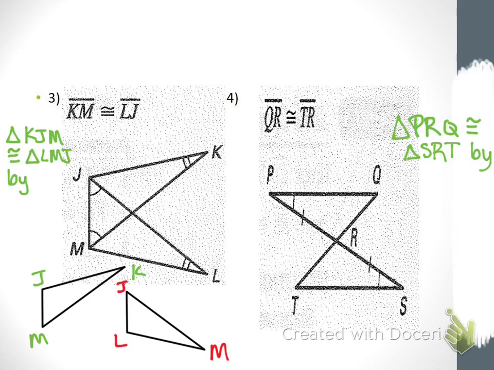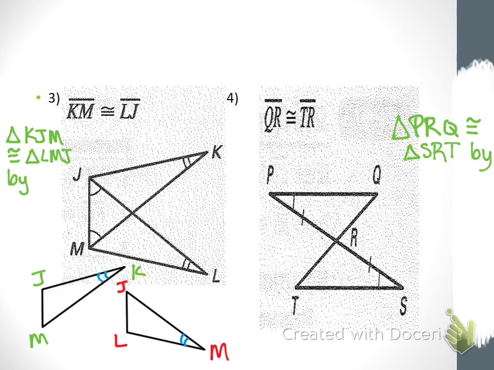They gave us some information about these triangles that we could label. Okay, they said that angles K and L were congruent. They both had 2 arc marks. So I can remark those. The other ones are a little bit trickier.